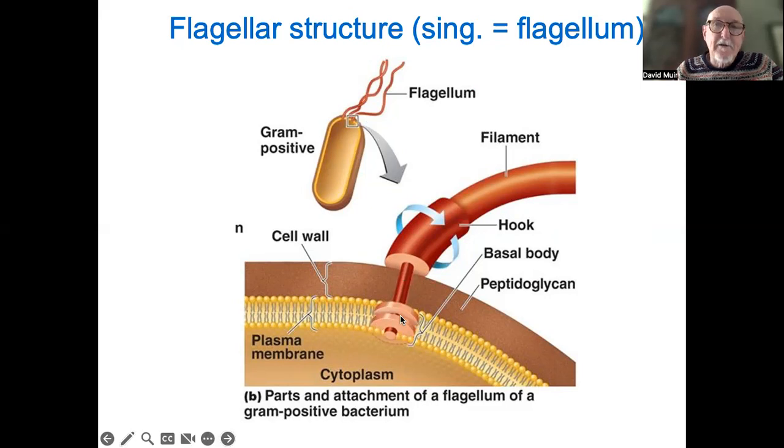And it is driven by proton power. Never mind exactly how, but this membrane establishes a proton gradient, as we discussed before, and then uses the potential energy of that proton gradient to create kinetic energy to spin this little motor, so that the whole flagellum rotates like that.